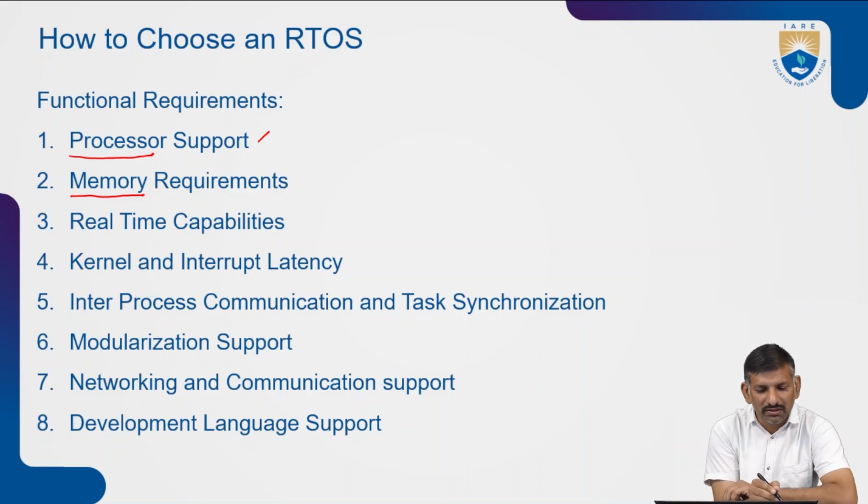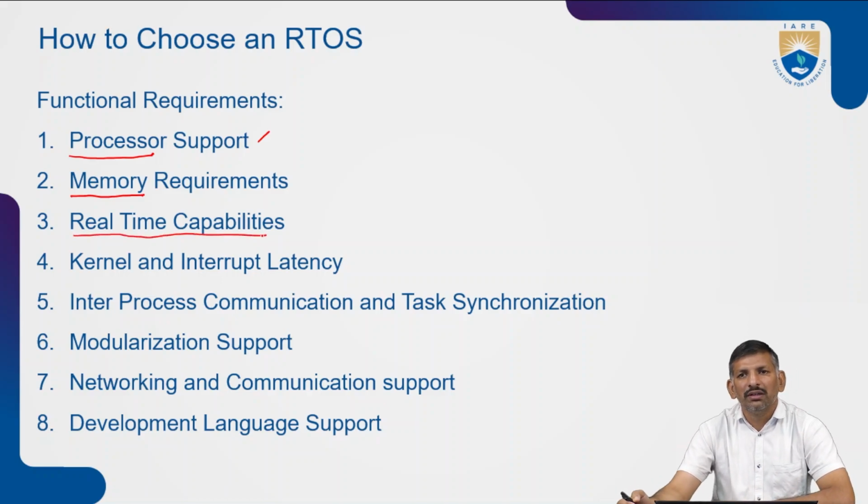Next, real-time capabilities. Real-time means they have deadlines, which means within that time the task must be completed. So whatever operating system we are using, does it meet the deadlines or not?